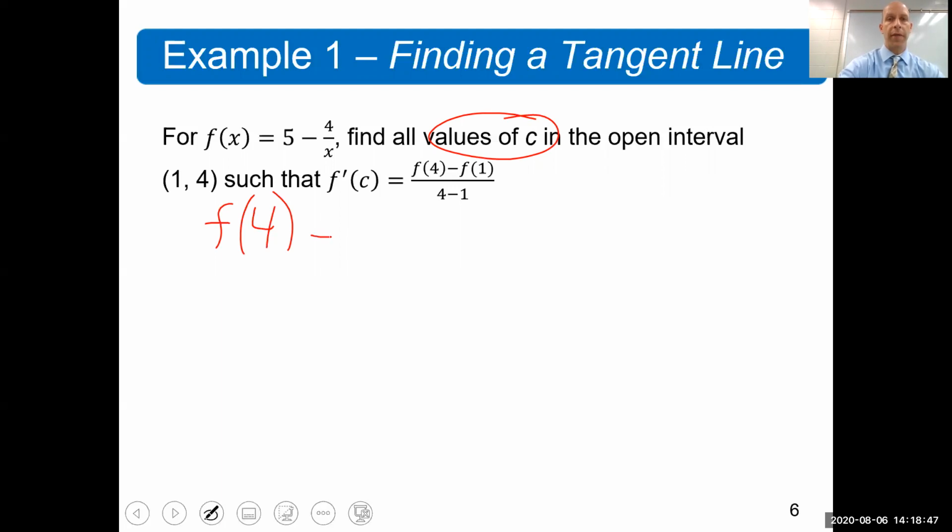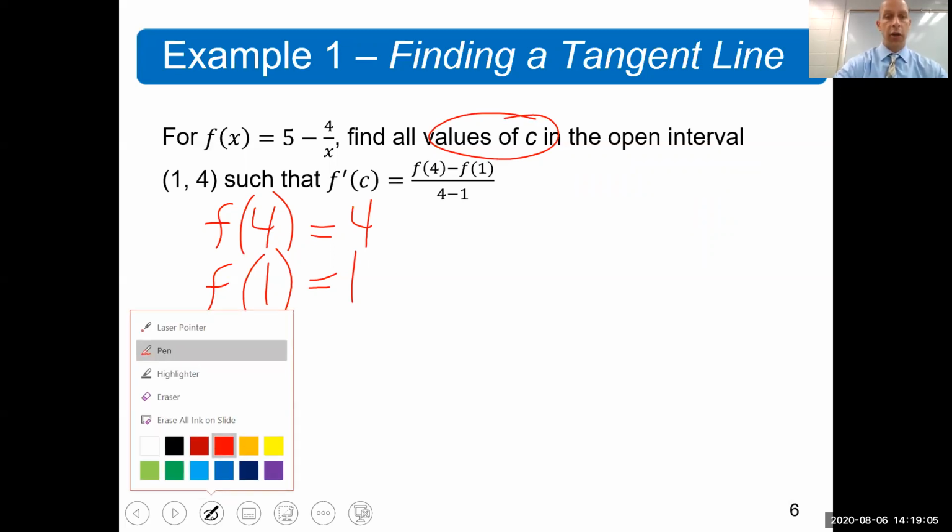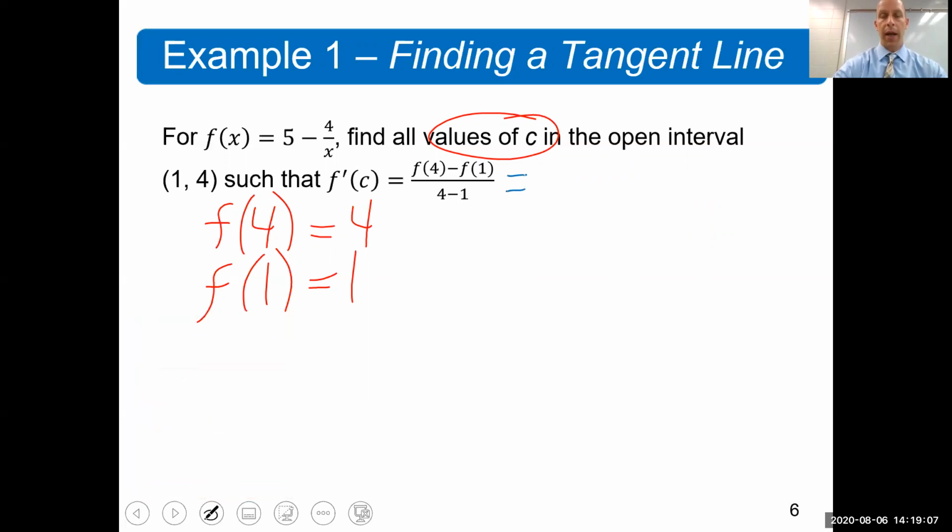It turns out that f of 4 is 4, and f of 1 is 1. I'm not going to explain how to do that, but if you didn't know, you would plug 4 into the function and you'll see that it is indeed 4.